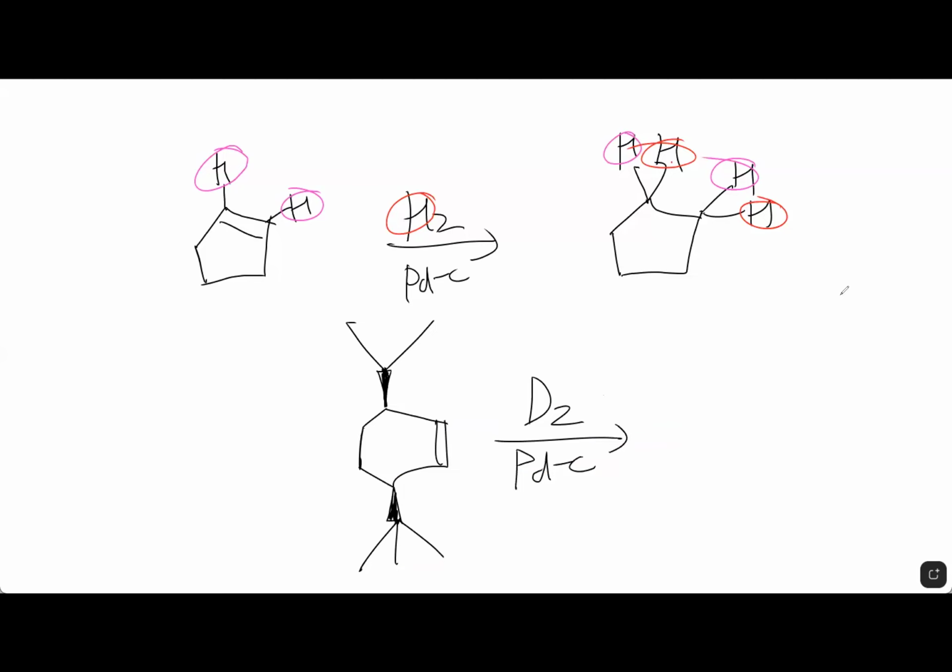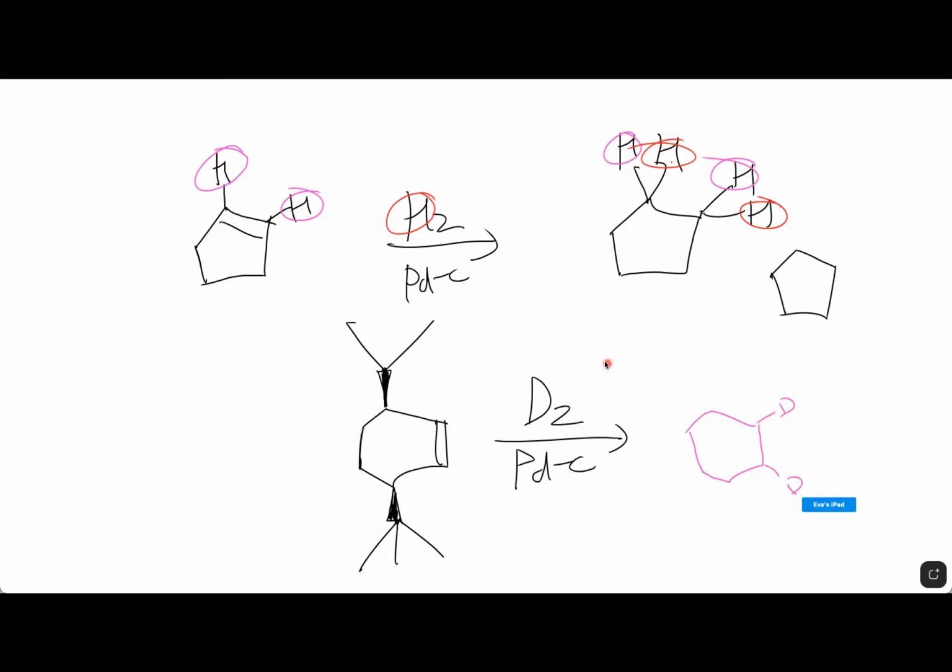Predict the product for this reaction. For example, if you had H2, you could have just drawn the product as this without drawing the hydrogens, because hydrogens are already automatically assumed. But if he gives you D2, then you have to explicitly draw out the D. So the D would go like here, right?